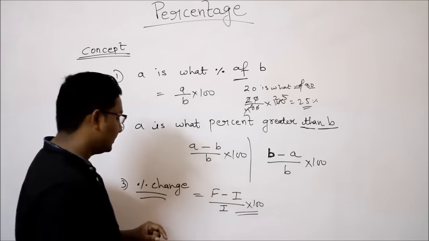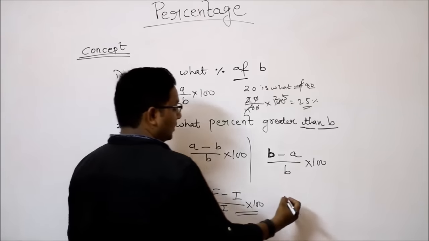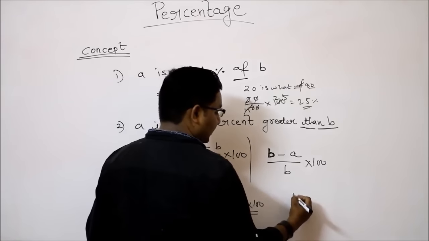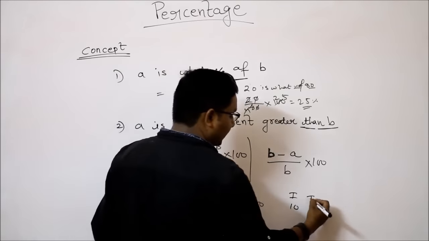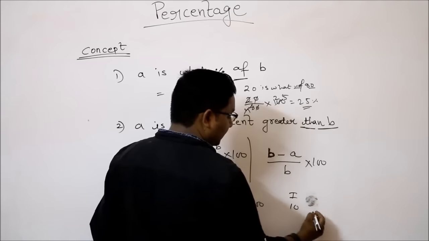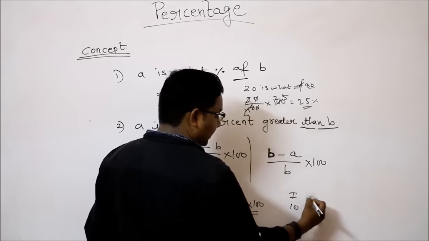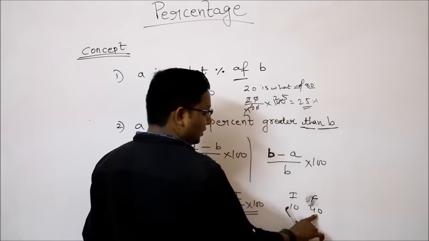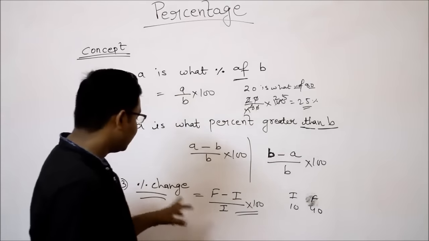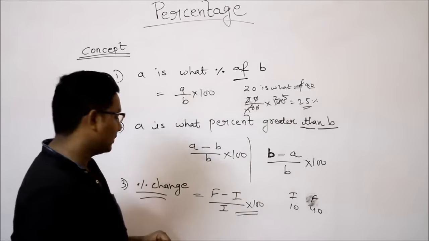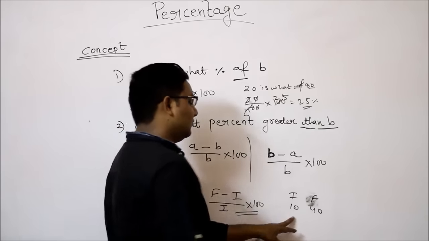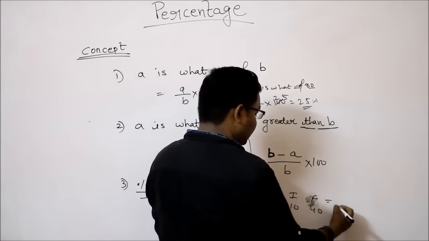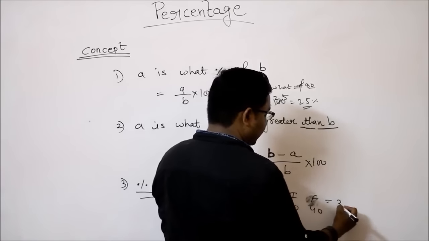Suppose we are taking one example. Suppose initially a value is 10. After 2 years that value becomes 40. Initially it is 10 and finally it becomes 40 after 2 years. So what is the percentage change you have to find out? The difference, final minus initial value, will be in numerator. So 40 minus 10 is 30.